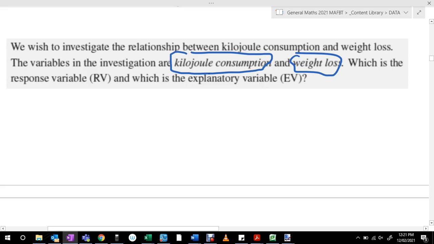I would say kilojoule consumption is EV. How much you eat can affect how much you lose in terms of weight. Because when you're big and you're trying to lose weight, you eat less than skinnier people. True. But I think this is in general. You're not trying to bulk up or get big. It's just weight loss.